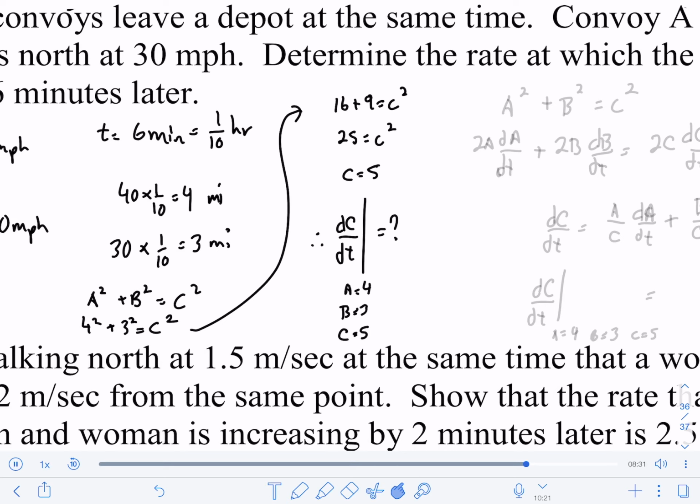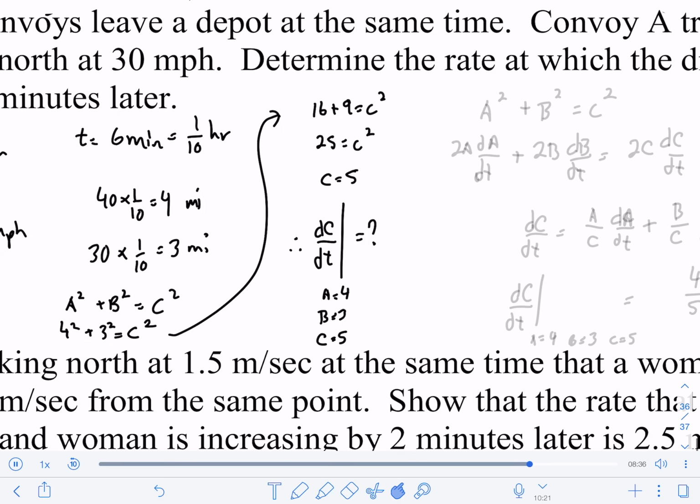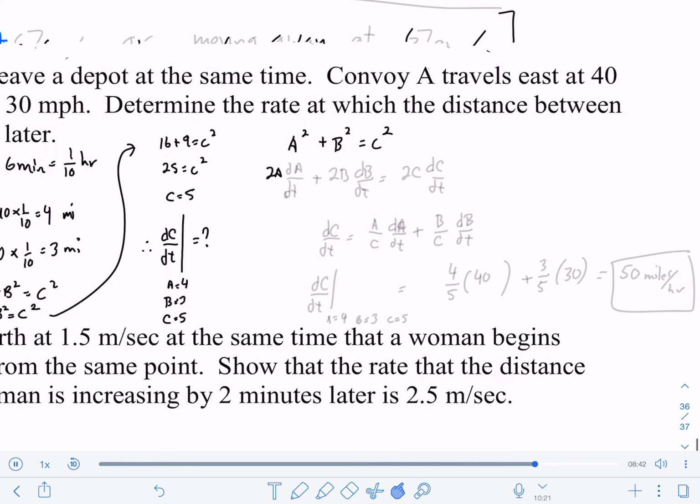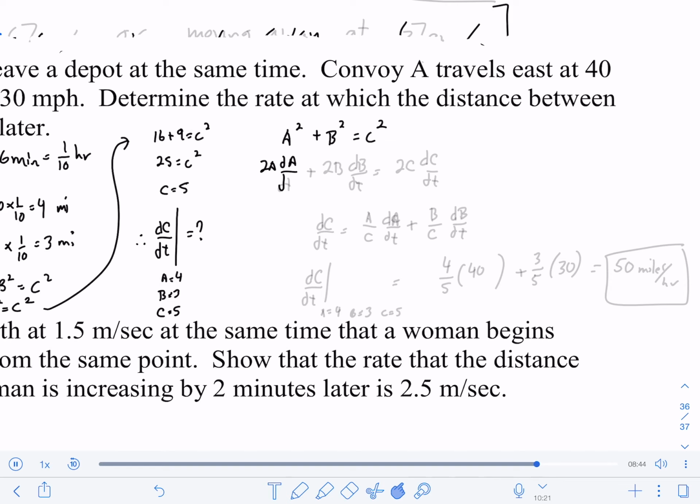So now we've got our rate stated. Now we're going to move on to our equation. And our equation is A squared plus B squared equals C squared. And when we differentiate both sides with respect to time, we're going to get all three of these rates: 2A dA/dt plus 2B dB/dt equals 2C dC/dt.